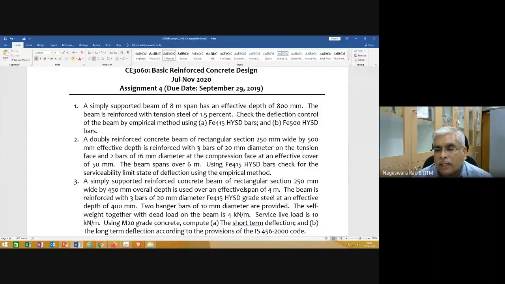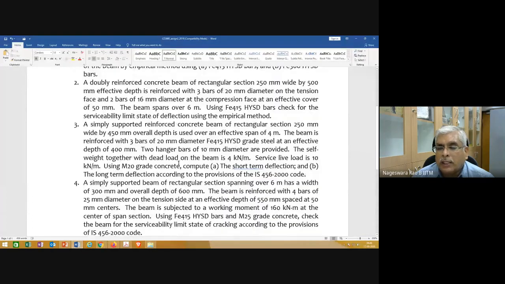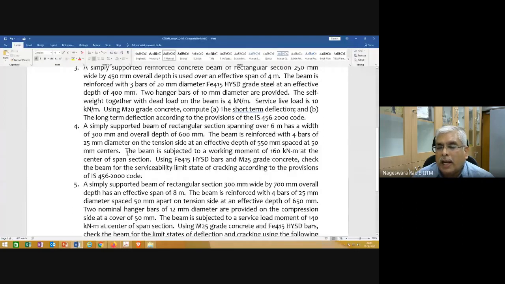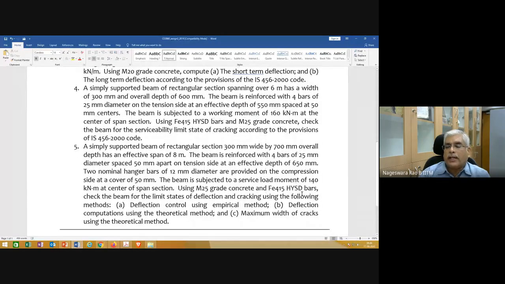This is the kind of assignment: deflection control using the empirical method, deflection control using the exact method given in Annexure C, which we need to discuss, and also how to do the crack width calculations based on Annexure F. So we'll see this in tomorrow's class.